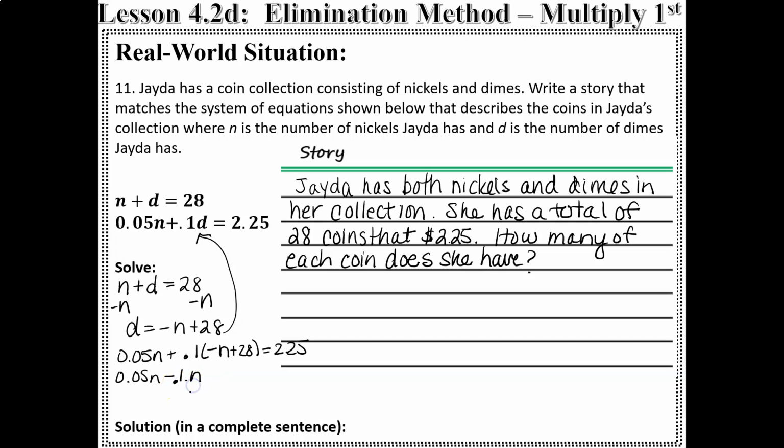Oh, the decimal's right here. Let me erase that to make sure that this is written correctly. And then 1/10 times 28 is 2.8 equals 2.25. Okay, so I'm going to combine these.